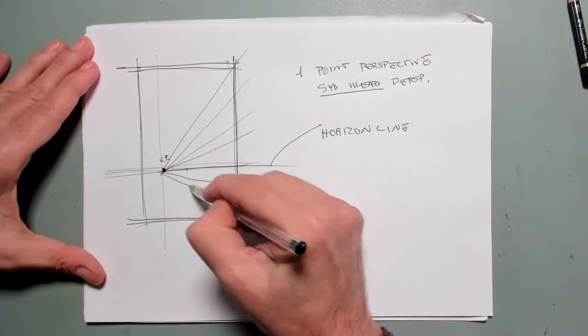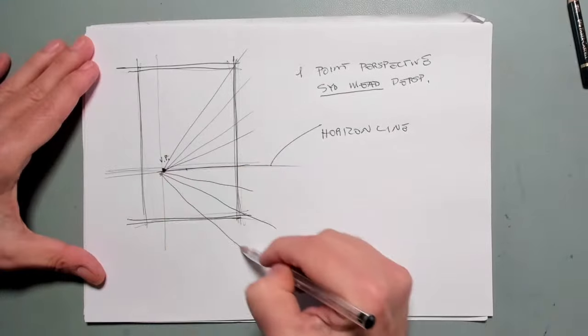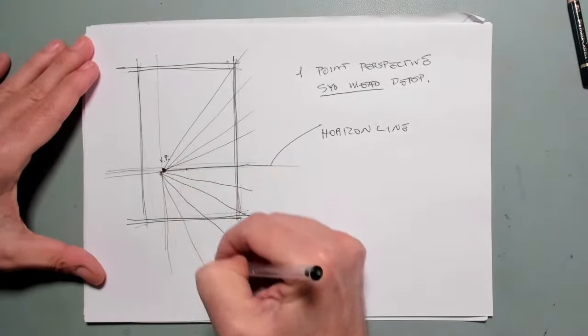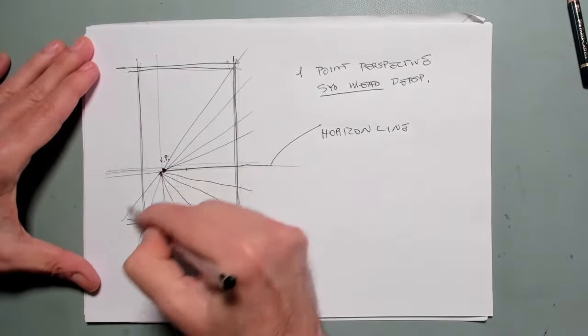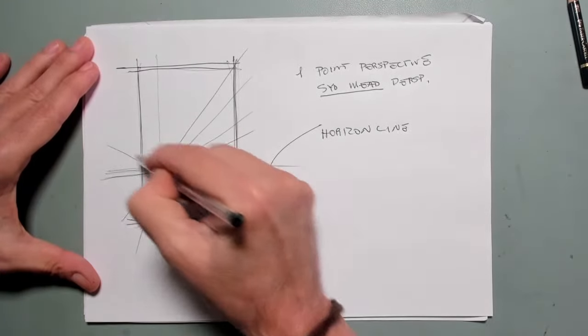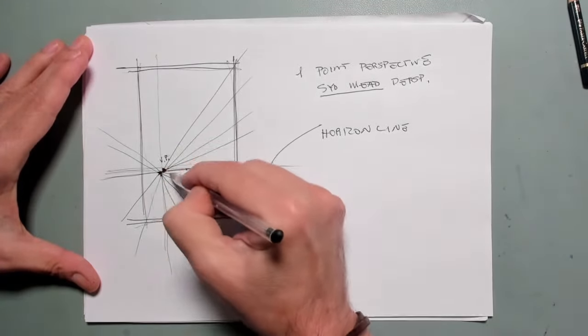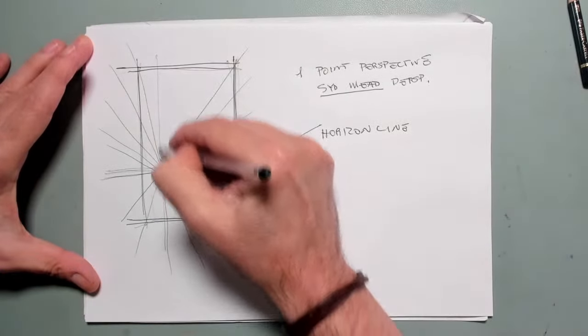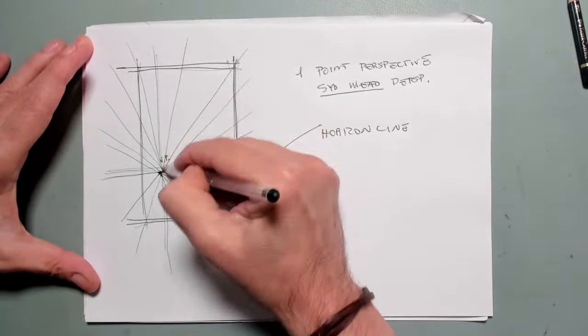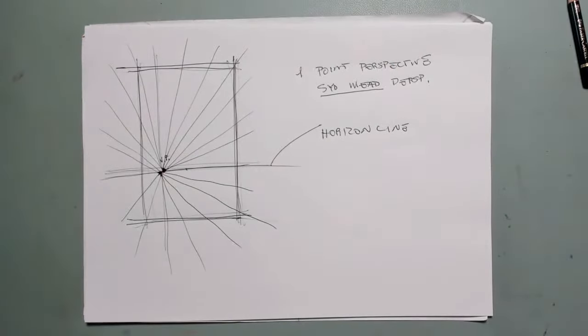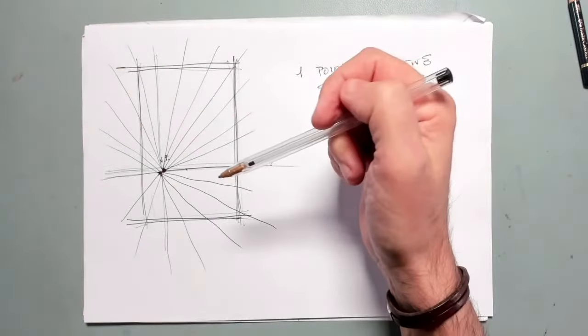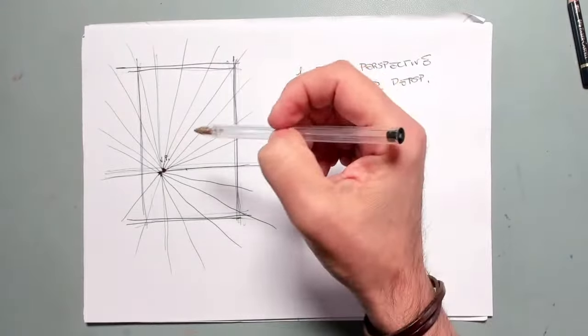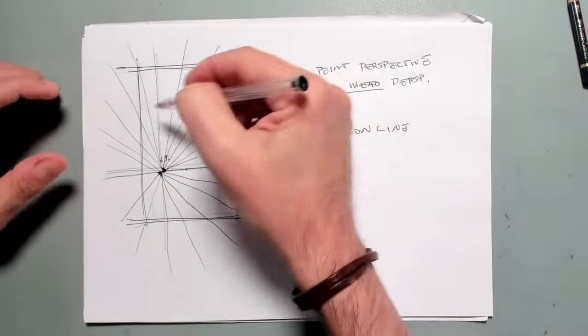You see? Okay, those are our perspective reference lines. It's very interesting because now inside here we can draw.